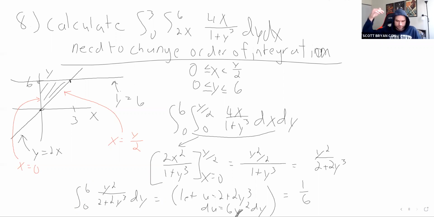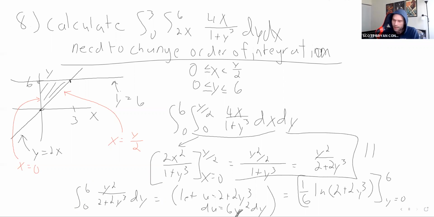So then integrating 1 over u du, you get natural log u. So 1/6 natural log of 2 plus 2y cubed, evaluated from y equals 0 up to 6. And when we do that, we get 1/6 natural log of 2 plus 2 times 6 cubed. So 6 cubed is 218.